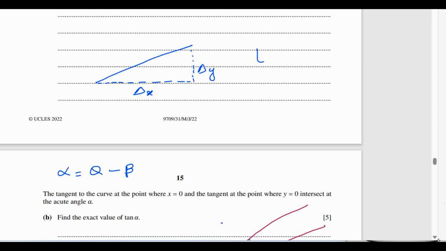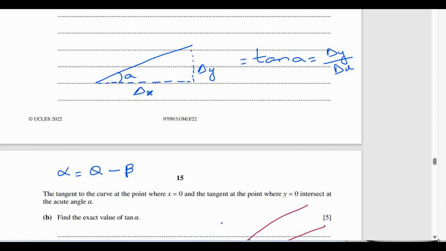And as we know, if this angle is, let's suppose, small a, then tan of a will be equal to change in y divided by change in x. And this is also called the gradient.